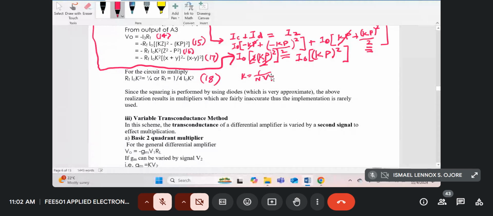So it means that this circuit can multiply so long as we satisfy equation 18, where RF we design so that it's equal to 1 over 4 I naught K squared. So if you want details of K, eta is 1 for Ge, 2 for Si.